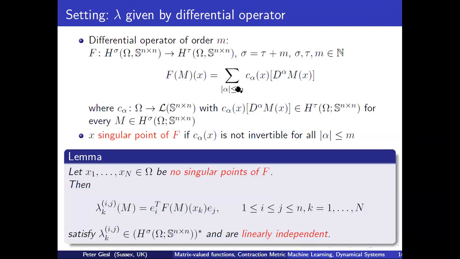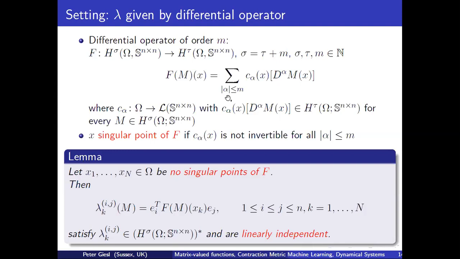So they are of order m, so our differential operator is applied component-wise in this matrix valued setting, so M of x is a matrix, and the D alpha is understood to be applied to each component.